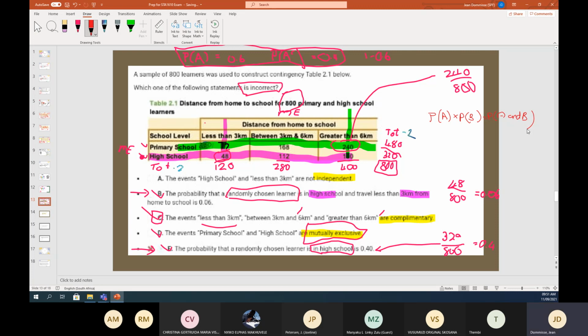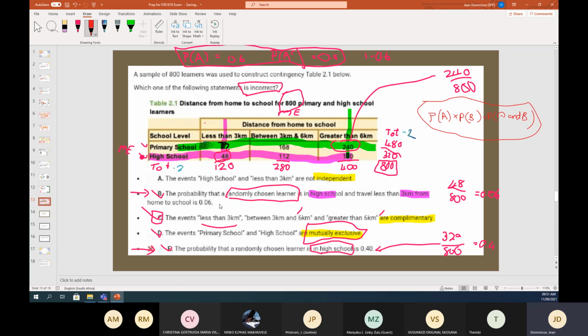If somebody can just check that for me, independence, probability A times B, yes, okay. So that is your formula for if you want to check if something is independent or not.